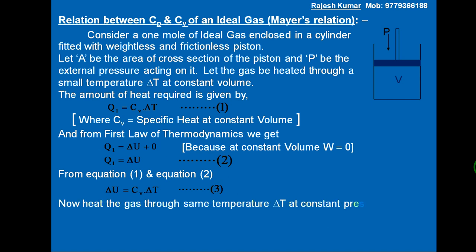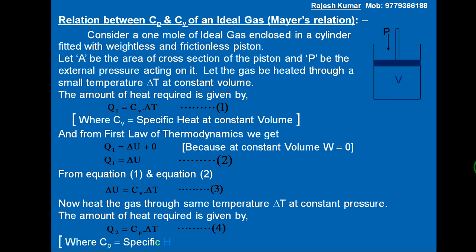Now heat the gas through the same temperature delta T at constant pressure. The amount of heat required is given by Q2 is equal to Cp into delta T. Let it be equation number 4, where Cp is specific heat at constant pressure.